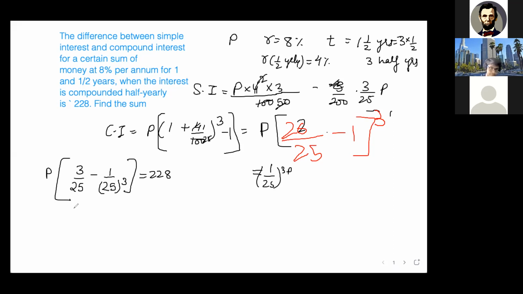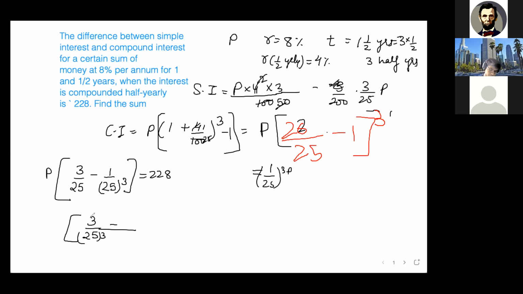228. Now we'll solve it inside. Inside, it is 3 by 25 minus, what will be the LCM? LCM of 25 and 25 cubed will be 25 cubed only, right?